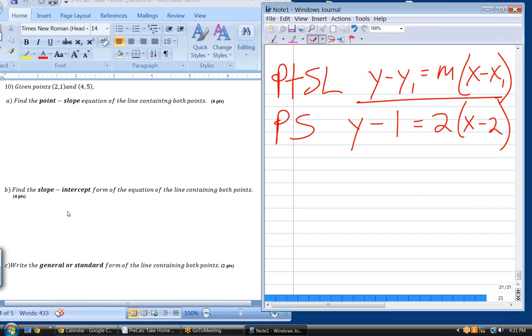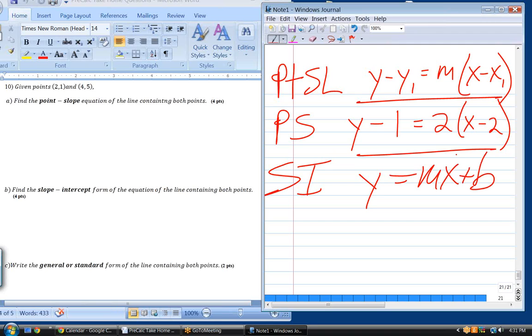The second question says, okay, now give it in slope-intercept format. Well, slope-intercept format is where you have y equals mx plus b. In other words, all I need to do to get mx plus b is to simplify that. So now simplify it.